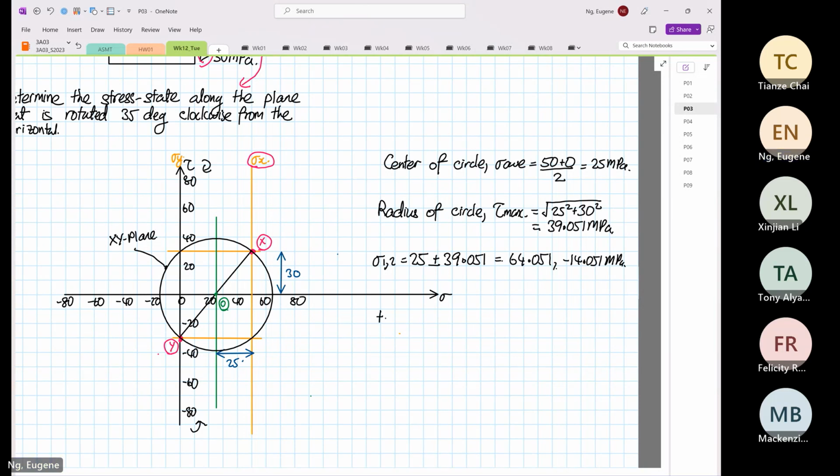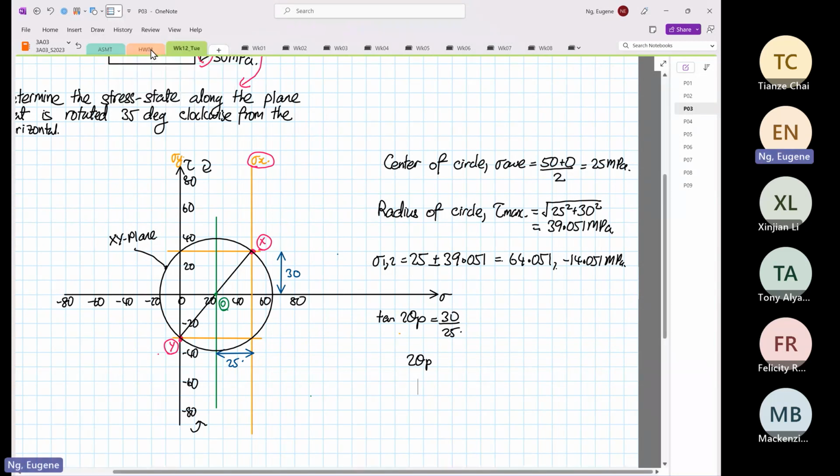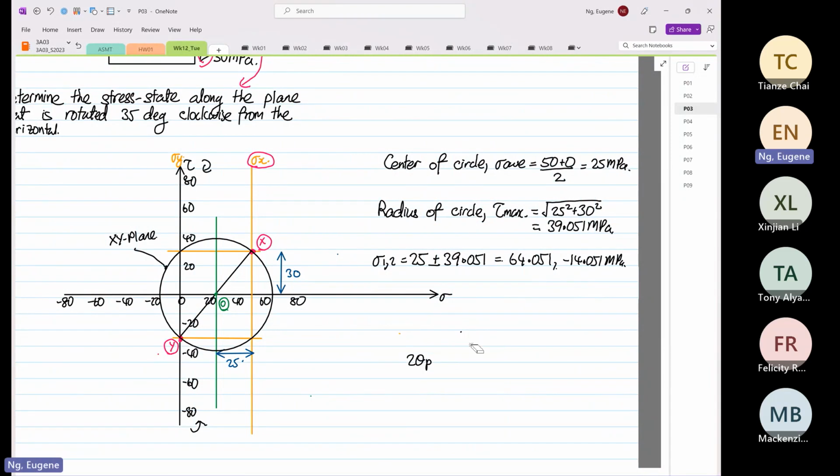So tangent 2 theta p is equal to 30 divided by 25.